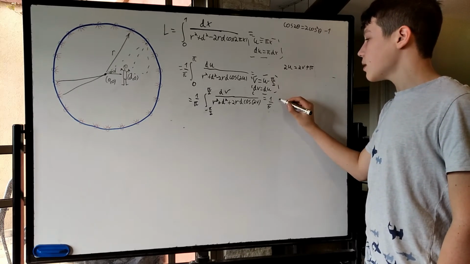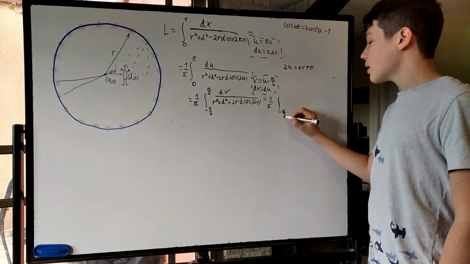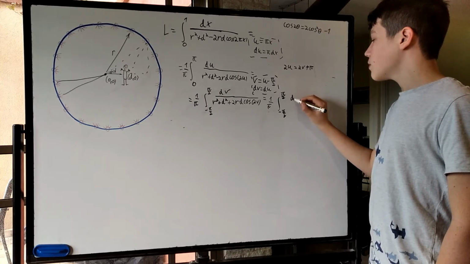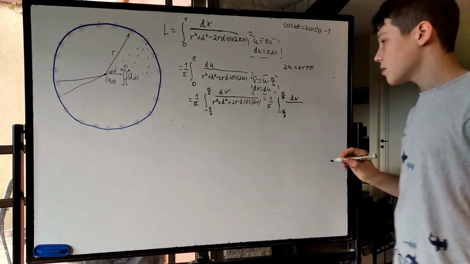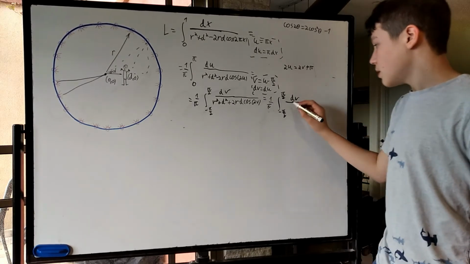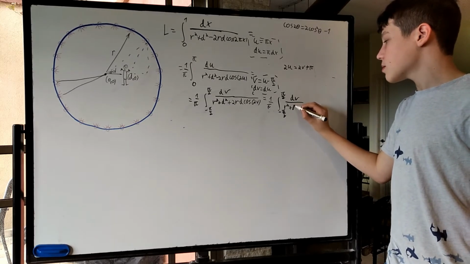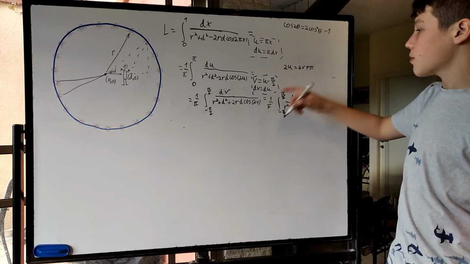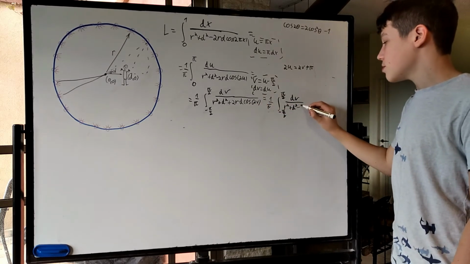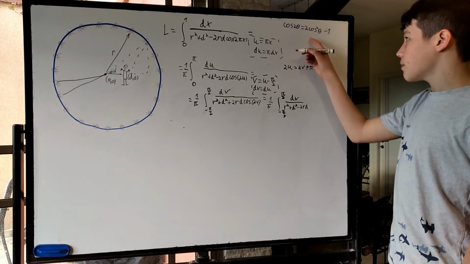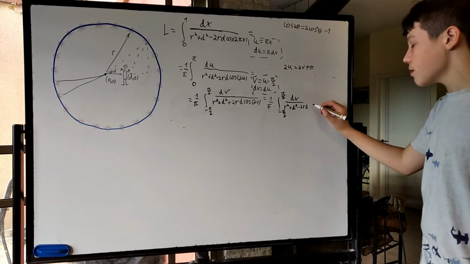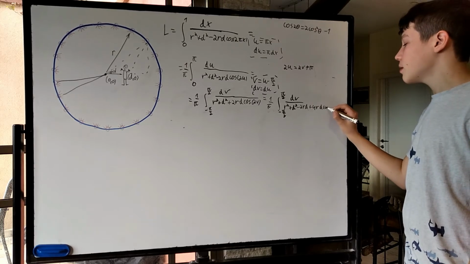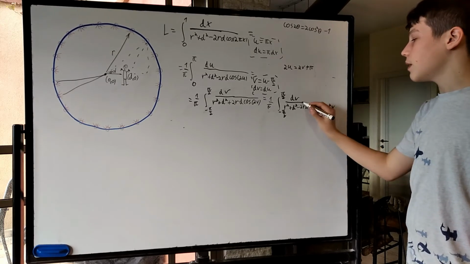This is 1 over pi, the integral from negative pi over 2 to pi over 2 of dv over r squared plus d squared. Now, from this negative 1, minus 2rd, and then from this 2 cosine squared, I'll get plus 4rd cosine squared v.